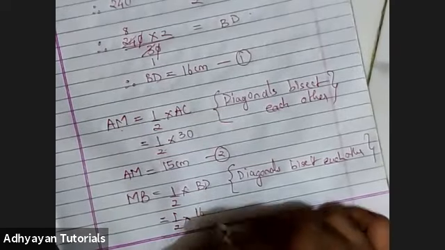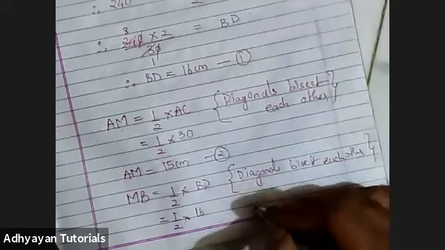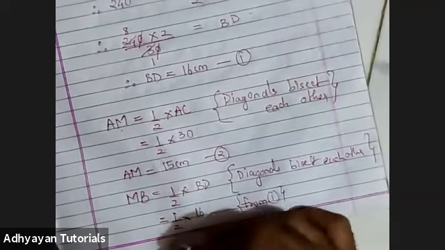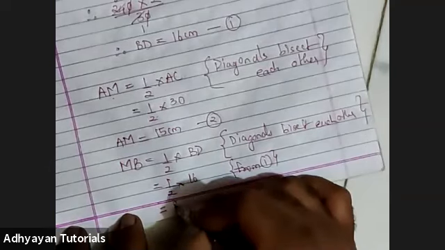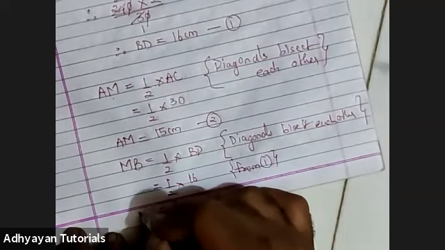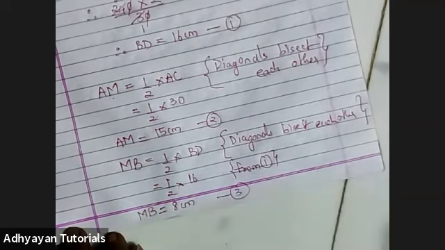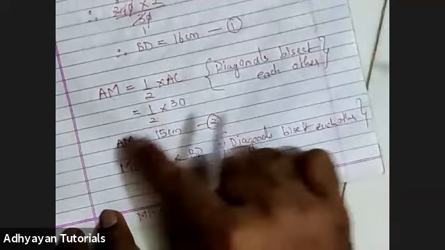So half of 16. 2 ones are 2, 8s are. अच्छा, 16 the value I've got it from equation 1. So the answer, children, is nothing but 8 centimeter, which is the answer for MB, and I mark it as equation 3, right? So I'll just jot down those two values in the figure. AM का value as 15, MB का value as 8.